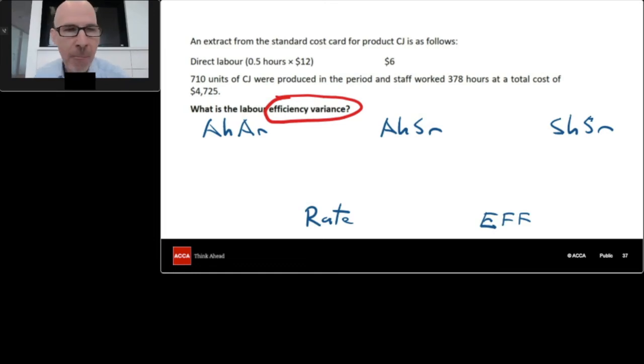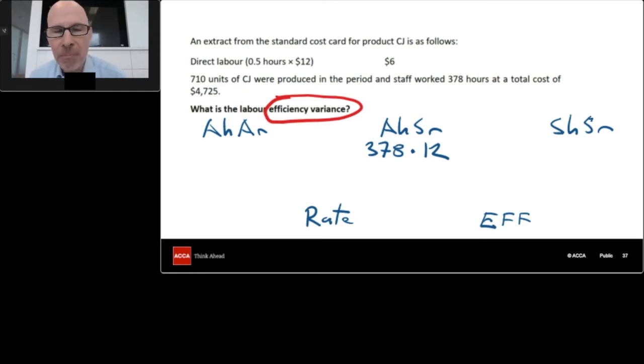Okay, friends, let's start plugging in some numbers together. Well, the actual hours, 378. You guys see that 378 right there? 710 units were produced in the period and the staff worked 378 hours. That 4725, guys, that's the actual spend, right?